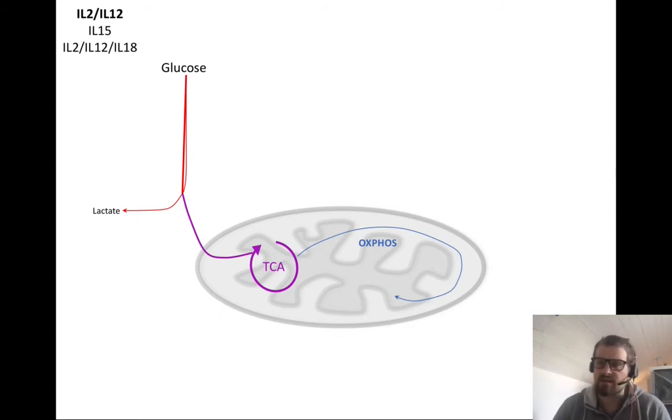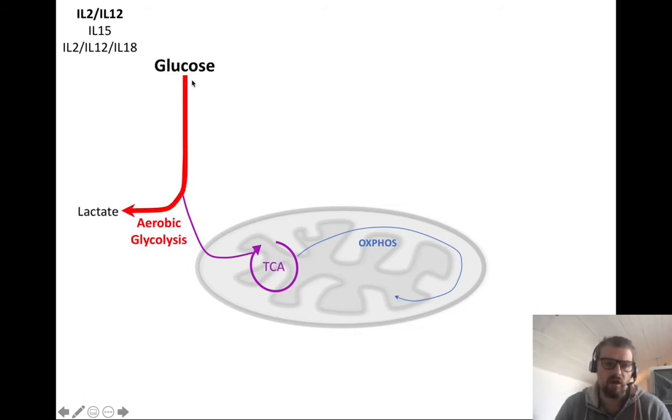IL-15, 12, and 18 is the cytokine stimulus that is used for adoptive transfer immunotherapy using NK cells. In general, the resting NK cell before a stimulus has relatively low levels of cellular metabolism and uses relatively small amounts of glucose. But when you activate with cytokine for 18 hours, you get a robust increase in glucose uptake.